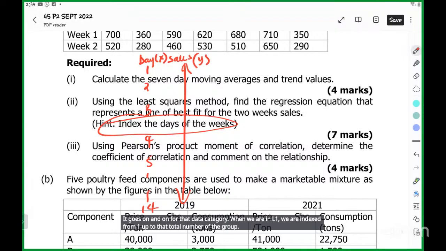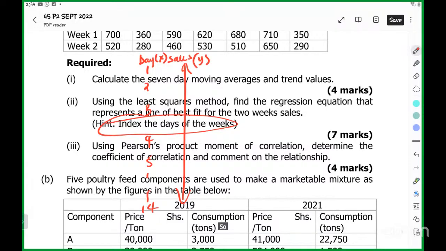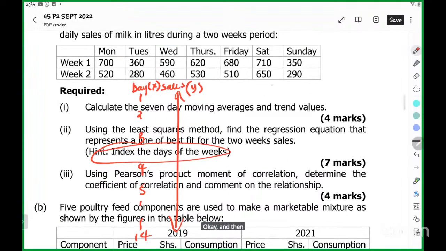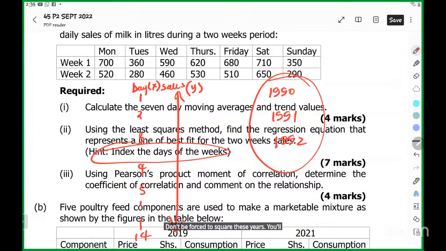So it's a continuous count for index. In other words, you count the entire data set. Okay, and then sometimes they may present periods as years, 1990, 1991. Don't be forced to square these years. You'd be counting 1, 2, 3, 4, and so on. Okay, mainly for your time series questions.